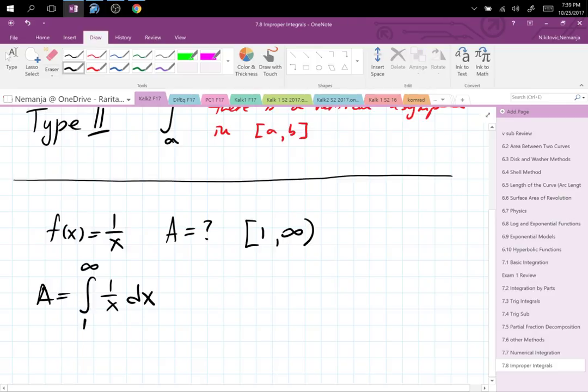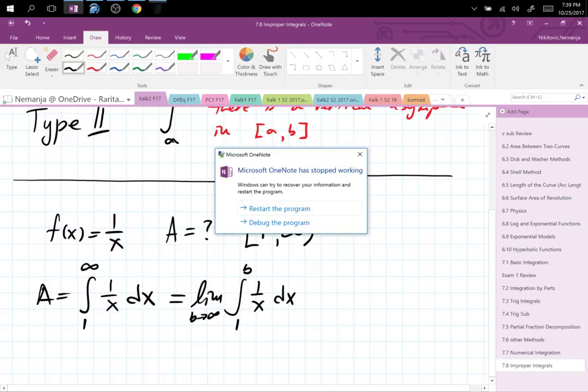Now, you cannot plug in infinity. So what we do is we cheat. We replace the infinity with a finite value b and then we send that b to infinity in the limit. So now we can integrate, right? Ah, the software exploded.